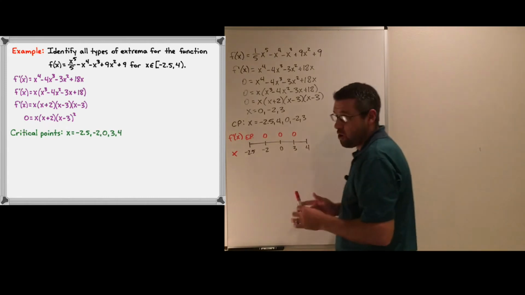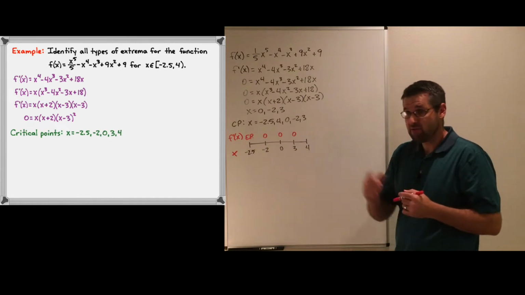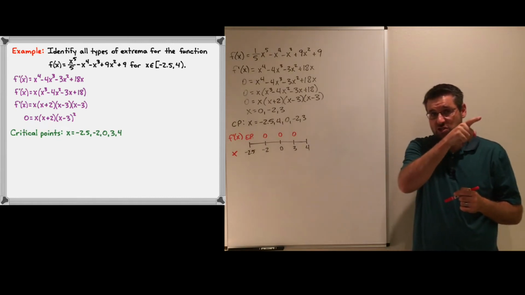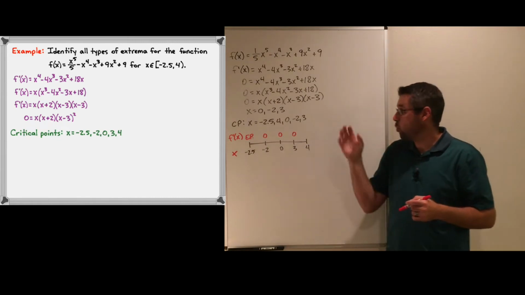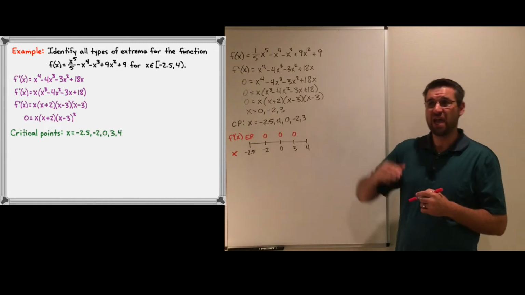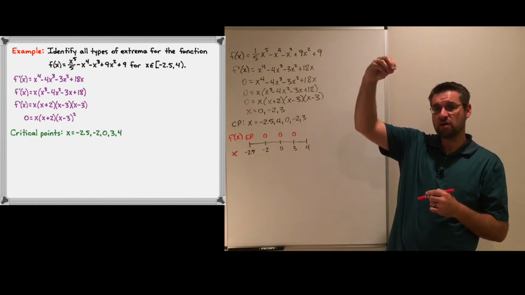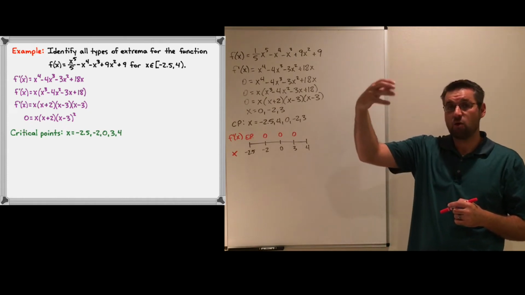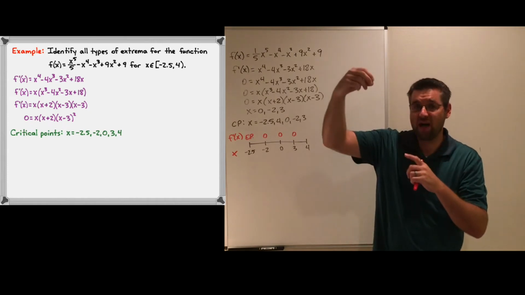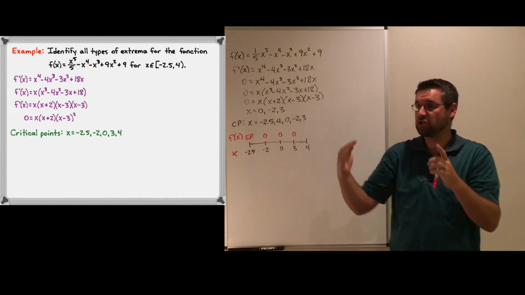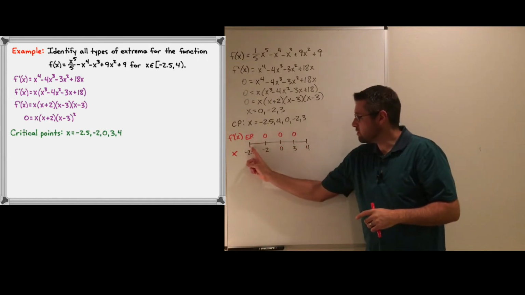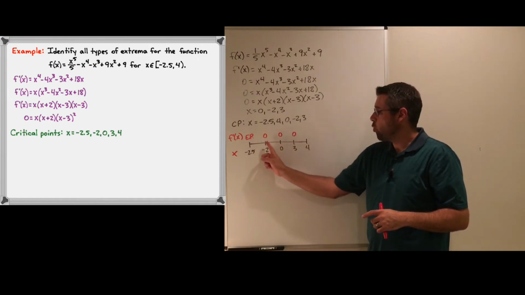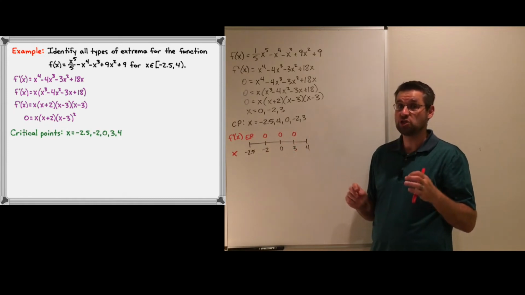Now, what I know is that on a graph, the graph cannot change directions unless one of the three critical points occurs. You can't have a high point without the derivative equaling 0, the derivative not existing, or at endpoints, which means if we don't have a high point, we can't have a change in direction. So these are the only potential candidates where the function could change direction.